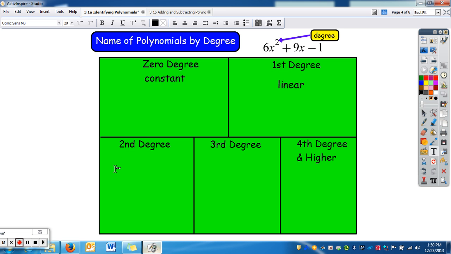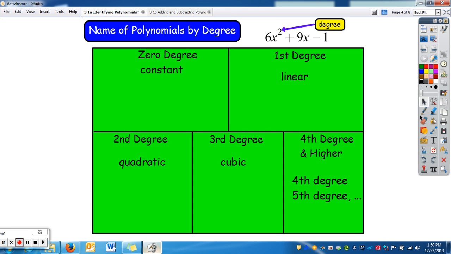Degree of 2 is quadratic. This is going to be our main focus for semester 2 after we get done with this unit. Then we have cubic. And anything that's 4th degree or higher, we say 4th degree, 5th degree, and so on.